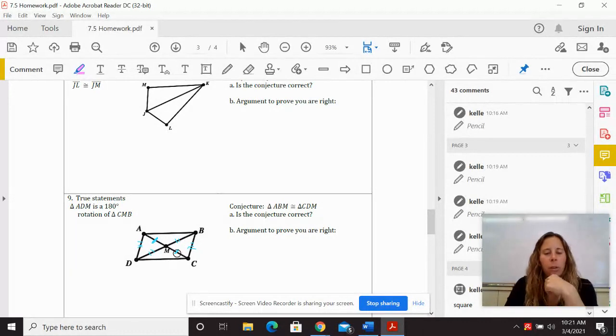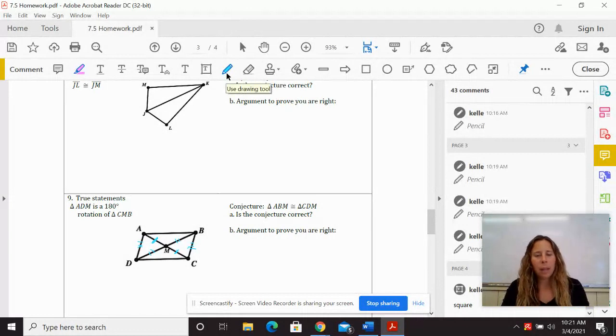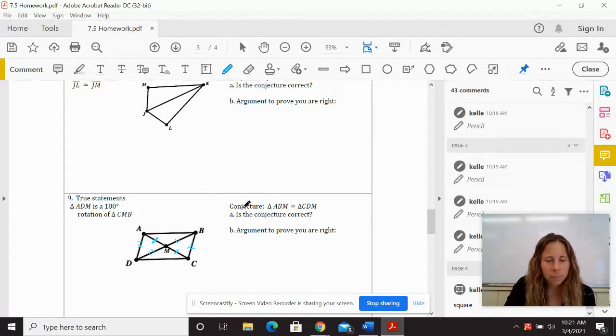So we just need a third thing. We either need a third side or we need the angle in the middle. Unfortunately, these look congruent, but we don't have any proof that they are, right? We know that these sides are congruent and these sides are congruent. But we don't know that these sides are. There's nothing that's told us that.